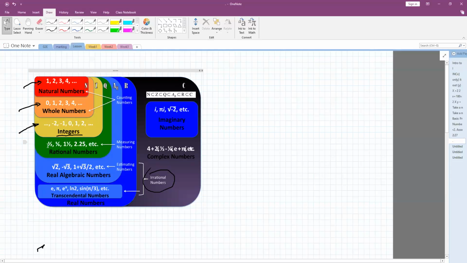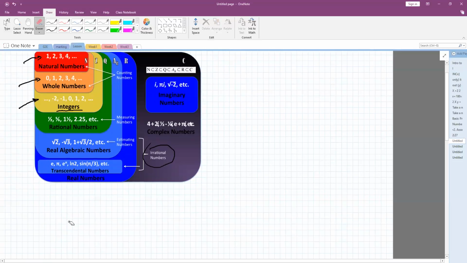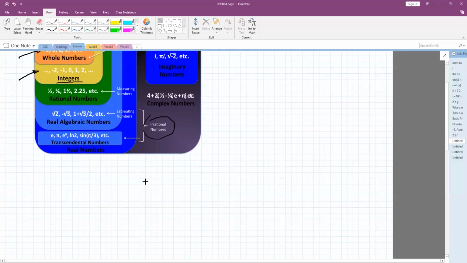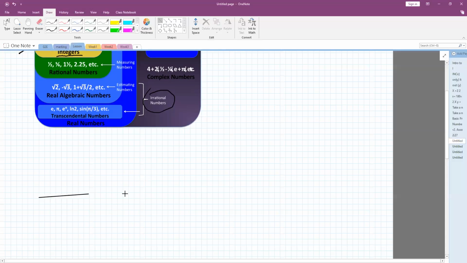Okay. So now, when you want to visualize those numbers, especially integers, because integers include the whole thing, 0, 1, 2, 3, 4, and the others. Now, when you want to represent real numbers, you can plot them on a number line.